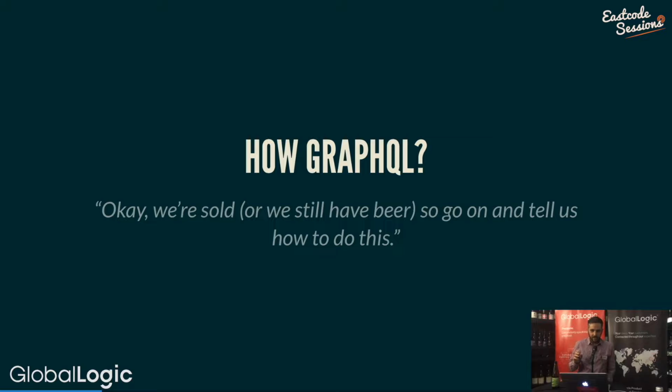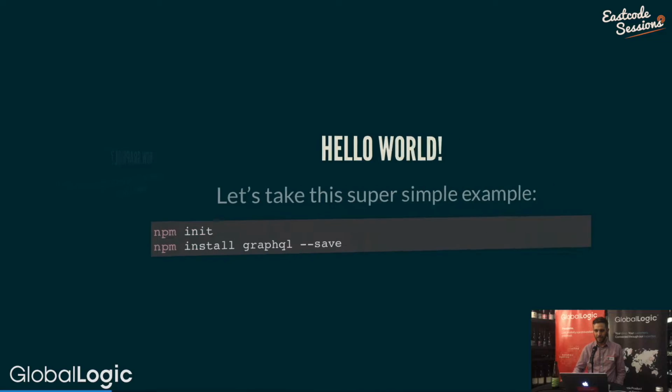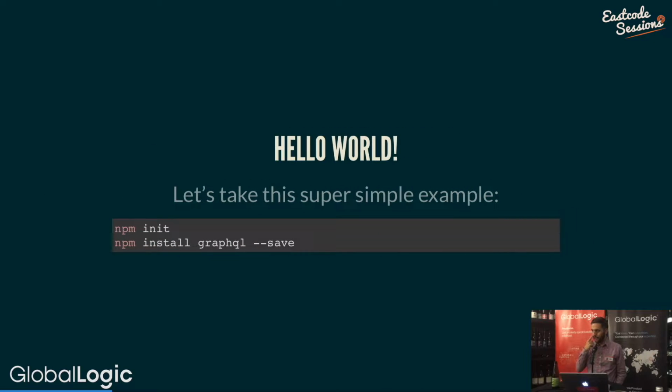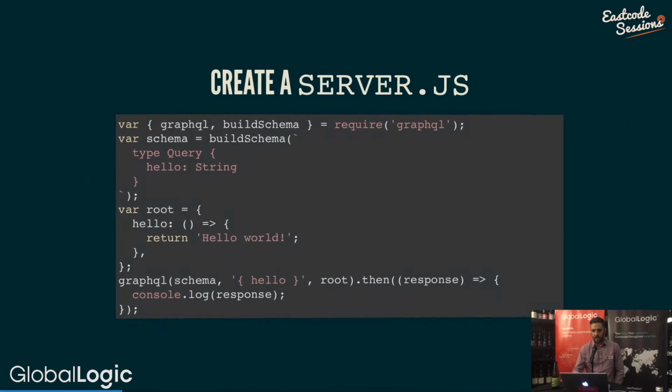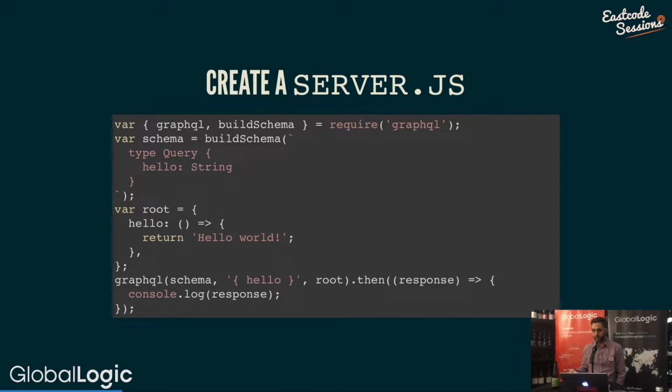Okay. So how GraphQL? You might be thinking, this sounds great, or we still have beer, so let's go on and tell us how to actually do this. I have a very simple Hello World example because why not? I love to start with a Hello World. You do npm init, you install the GraphQL.js package from npm, and then you create a server file, something like this.